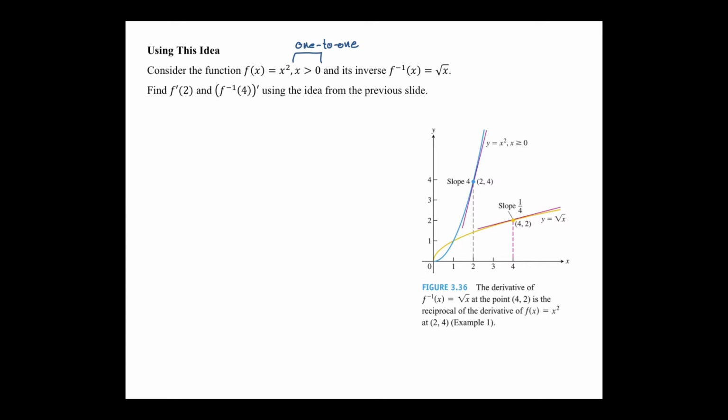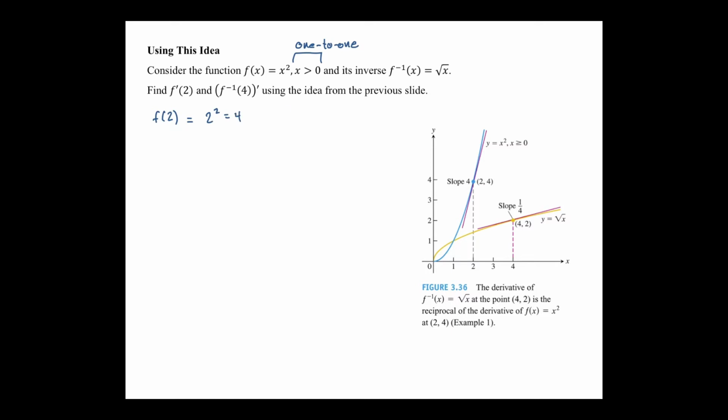So we could go ahead and find these directly, but let's just verify that with the idea of the reciprocal of the corresponding points. So the first thing to note is, why are they corresponding points? You could look at just what is f of 2, no derivative here. f of 2 is going to be 2 squared, which is 4.